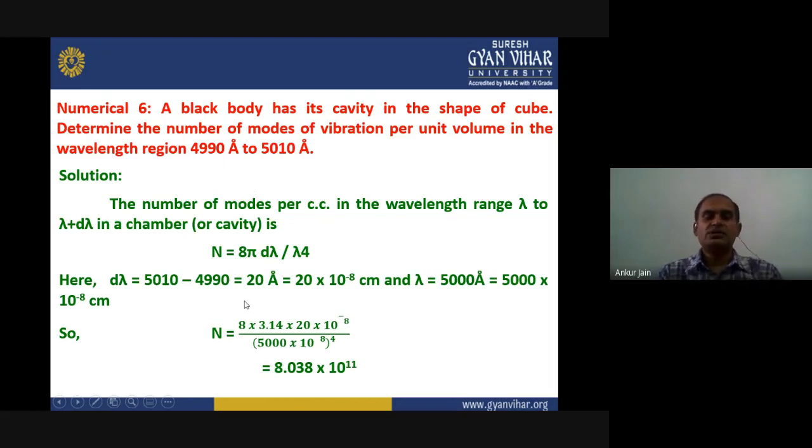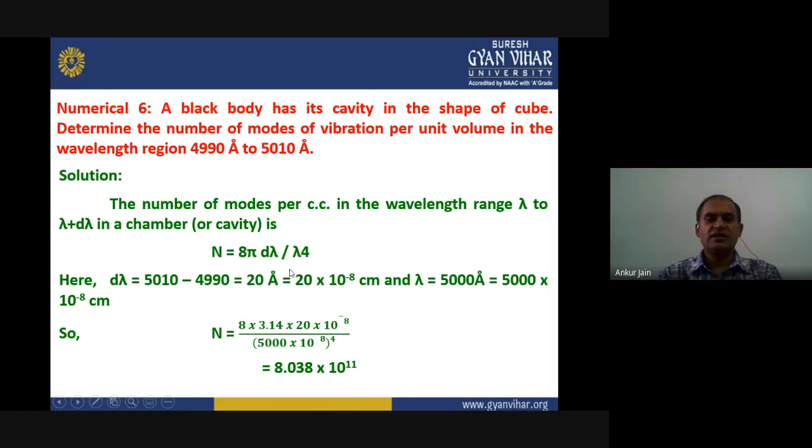Here we are getting the value of d lambda, that is 5010 minus 4990 equals 20 angstrom, which can be converted into centimeter, and that will become 20 × 10^-10 centimeter, and the lambda is given as 5000 angstrom. Here it is misprinted, 5000 angstrom, that will be equal to 5000 × 10^-8 centimeter.